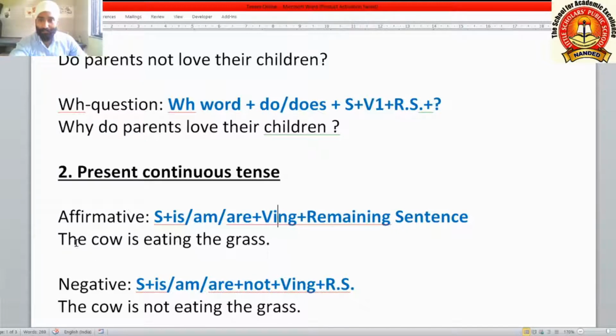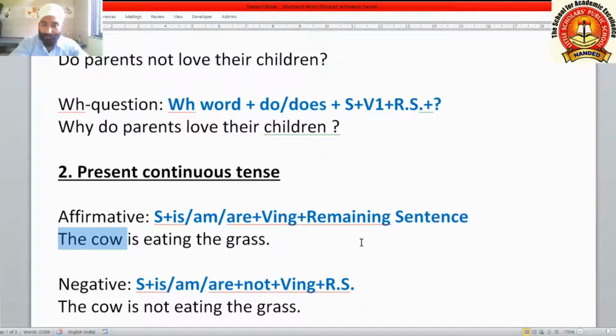Let us see the example. The cow, the subject, is eating the grass. Is we have used here, and a verb with the ing form, eating, and the object, the grass. Here we have used the cow is, because cow is singular. If the cows comes, we will use: the cows are eating the grass.